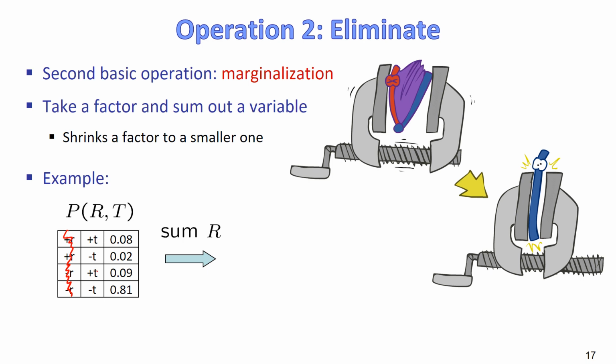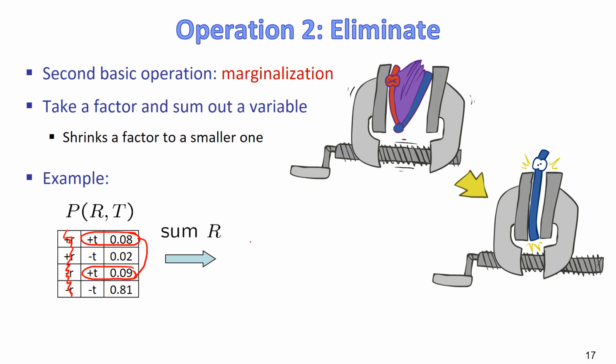When we eliminate R, now we will find out that some rows have the same exact value for the variables. So, for example, this row has plus T, and this row has plus T, right? I mean, the same combination, of course, if we have more than one variable. So we'll sum these together.